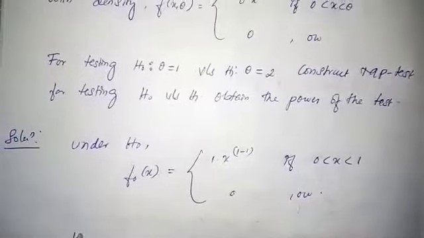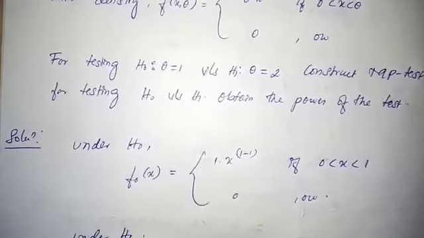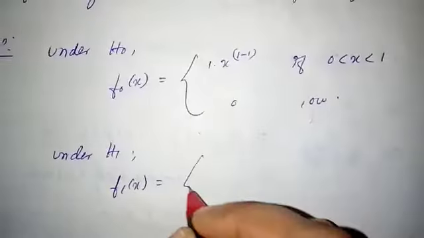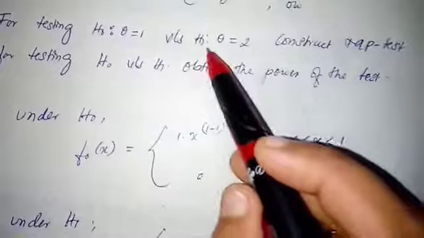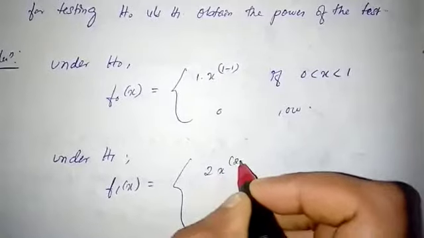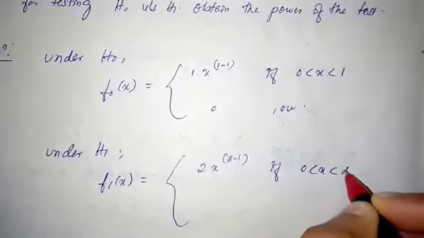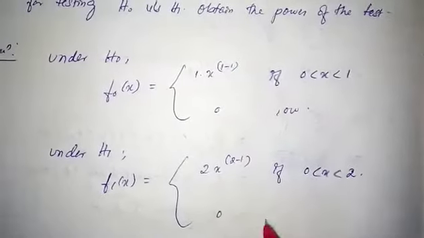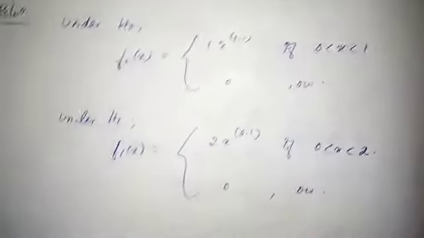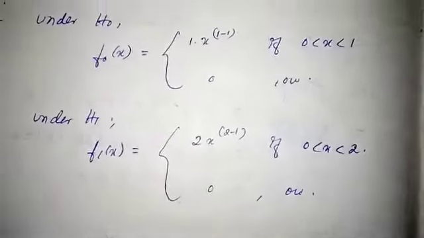Then under H1, theta equal to 2, the density is f1(x) equal to 2 times x to the power 2 minus 1 if 0 less than x less than 2, 0 otherwise. This is the density under H0 and the density under H1.